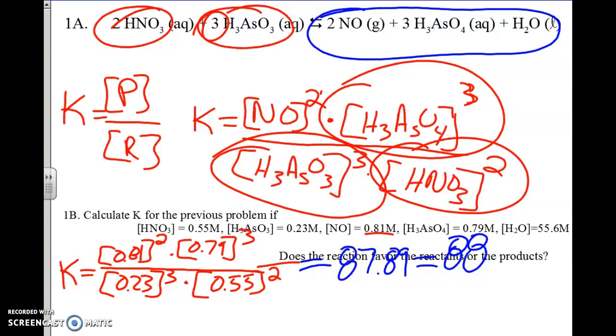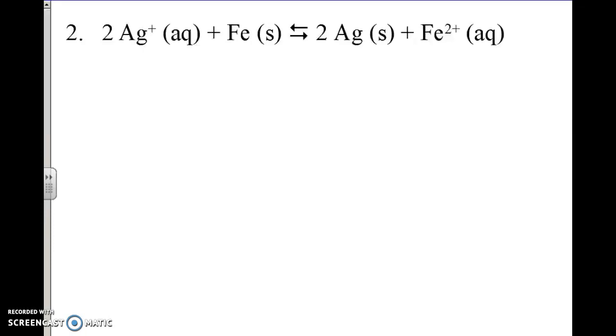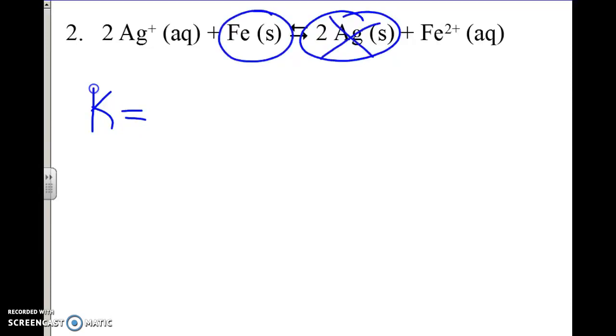At any point in time, pause the playing of this and watch what's going on. In number 2, we're going to write the K equation. So K is going to be products over reactants. This guy right here is a solid, not going to be included. This guy right here is a solid, not going to be included. So we would simply have Fe2+, no exponent.